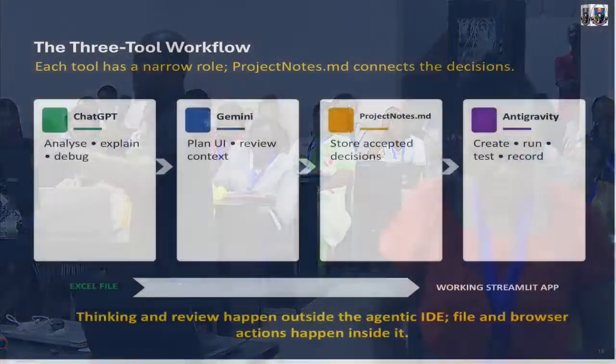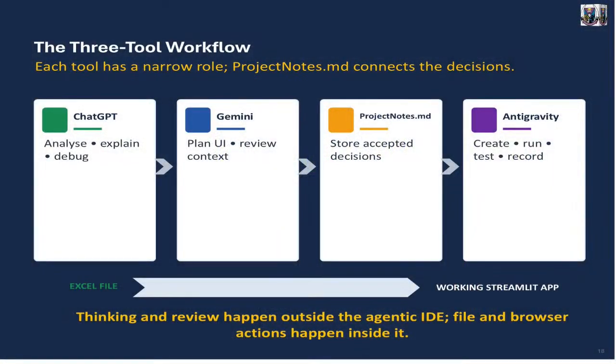So, like I said, we're combining ChatGPT, Gemini, and Anti-Gravity. Whatever prompts, results you got from ChatGPT and Gemini will be stored as project notes.md. MD means markdown.